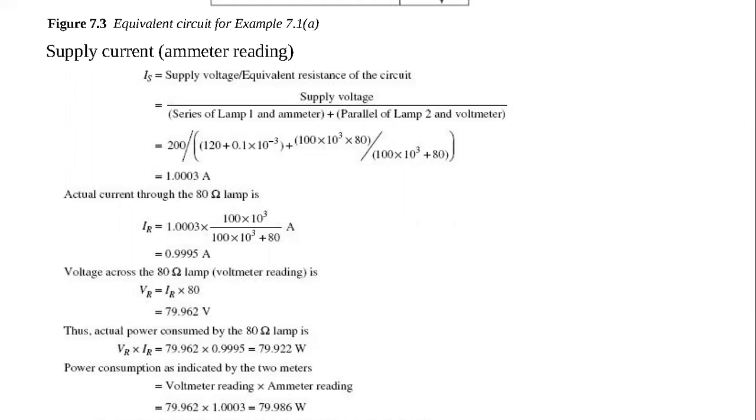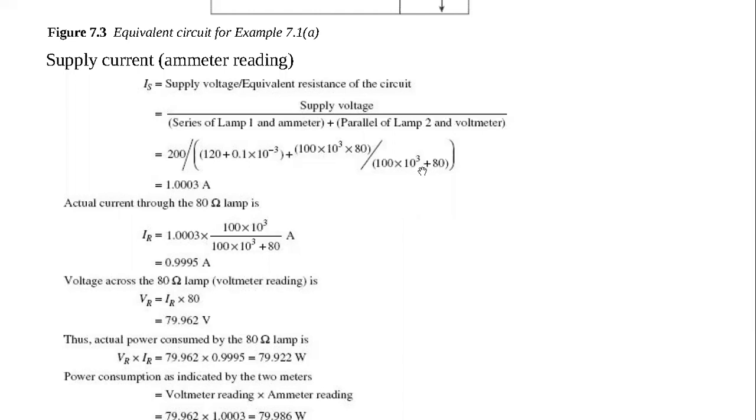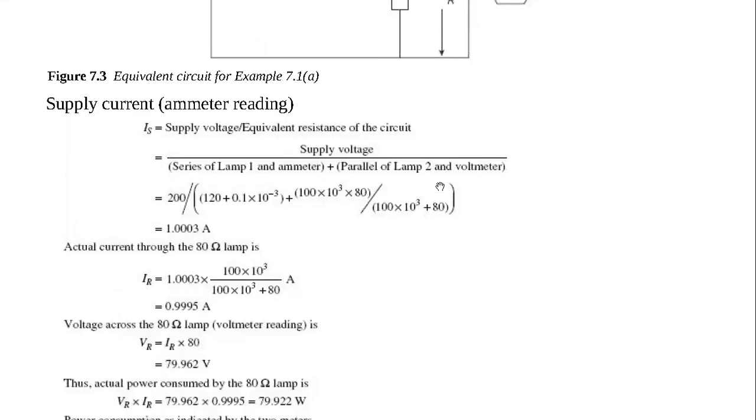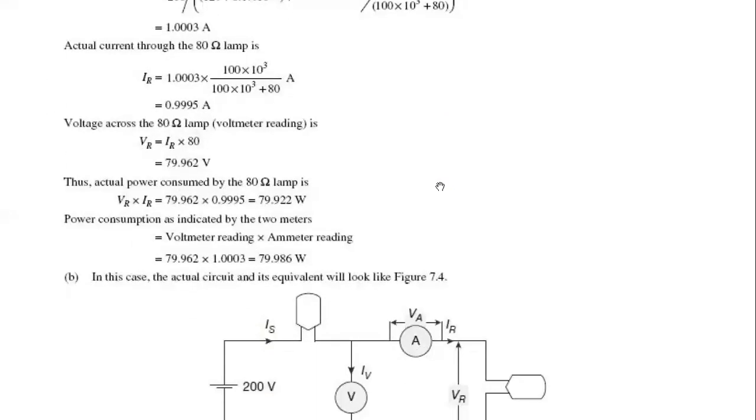That was the resistance of the ammeter, and also the resistance of the voltmeter, which was 100 kilo ohm. So that is how we got the ammeter reading, or the total current in that circuit. And now we have seen the voltmeter reading, by calculating the voltage, that is the PD drop across the 80 ohm lamp. So with that in mind, you can just calculate.